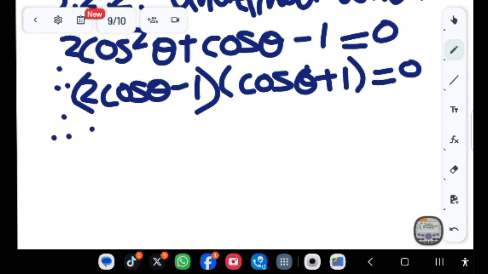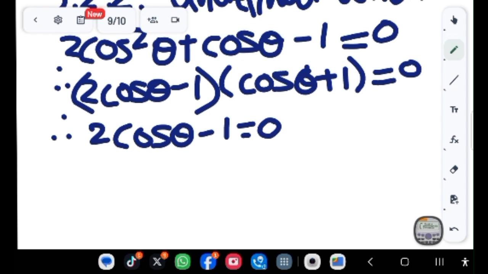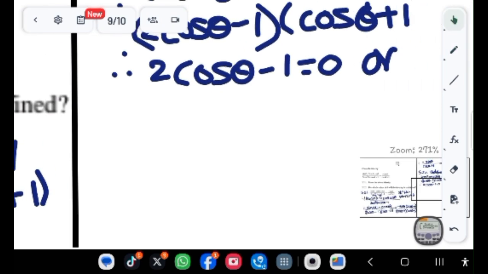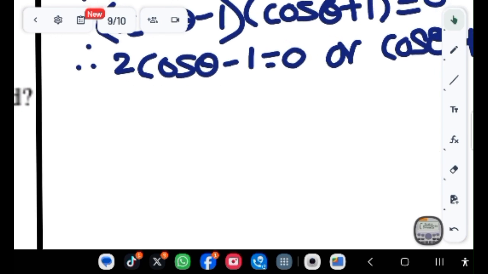Meaning the factor 2 cos theta minus 1 equals 0, or cos of theta plus 1 equals 0. So now let's solve these mini trigonometric equations.